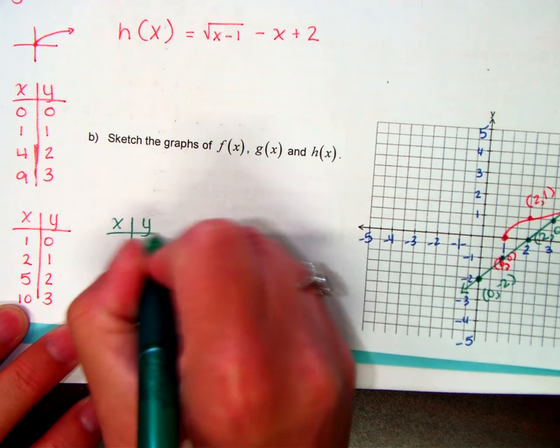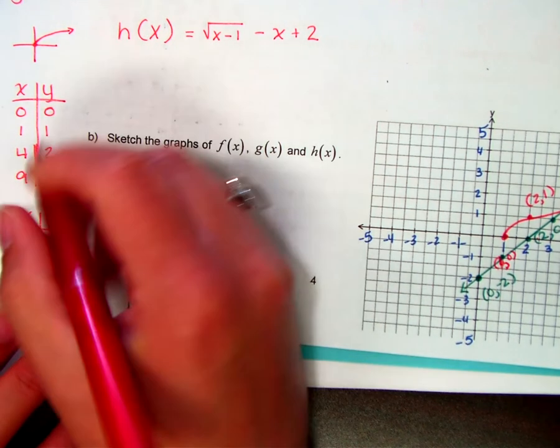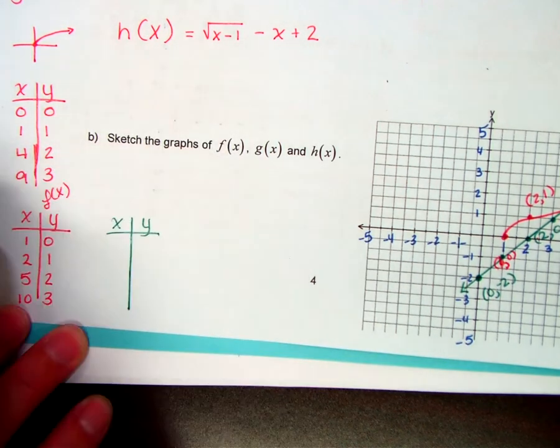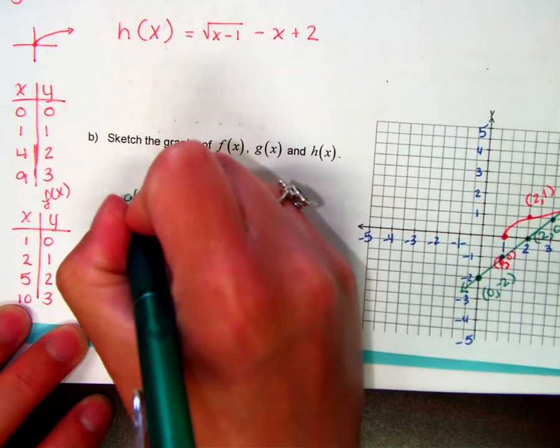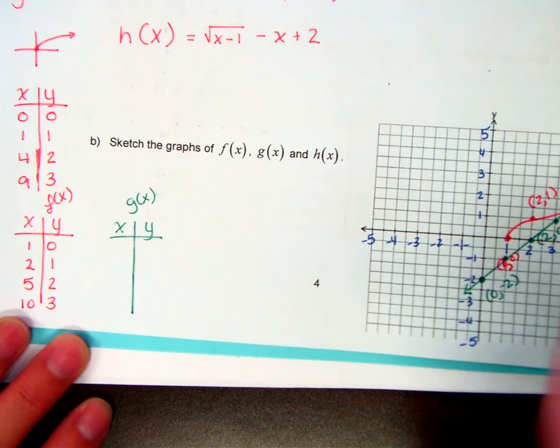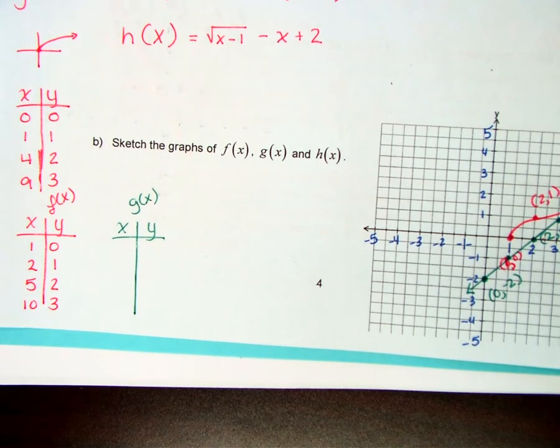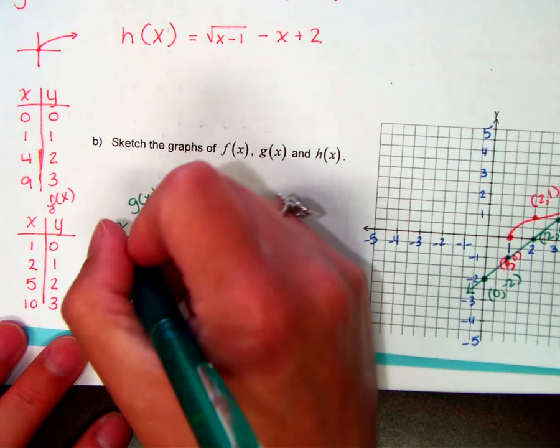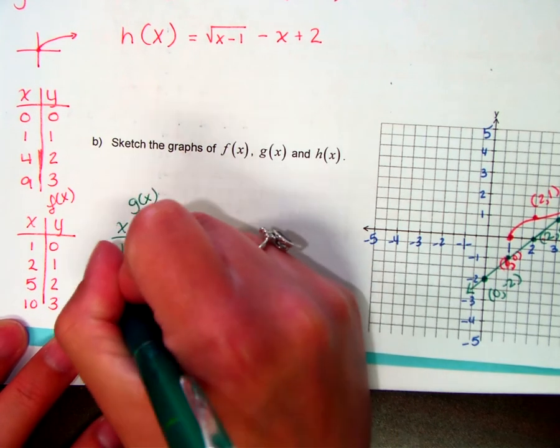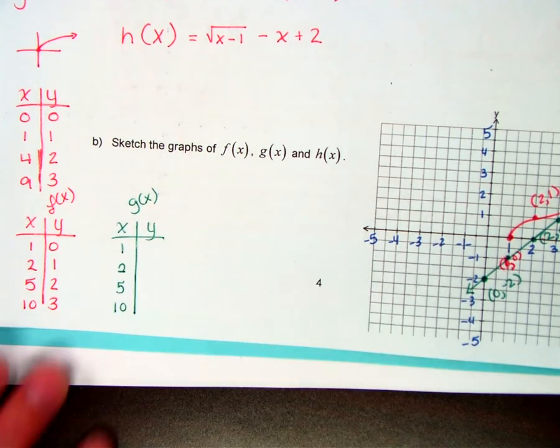Okay, so this one was my f of x graph. And what I want you to do is create a table of values, even though we've already graphed it, for my g of x graph, but using the exact same x's. So 1, 2, 5, 10.